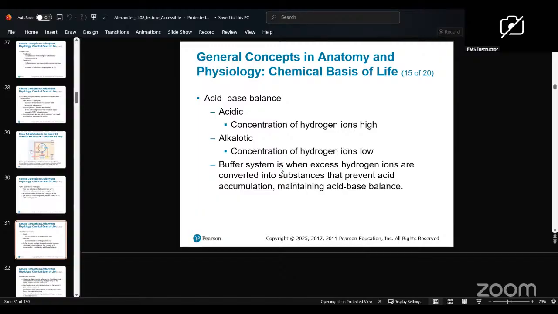Our body has this buffer system. The buffer system is when excess hydrogen ions are converted into substances that prevent acid accumulation, and that is what maintains the acid-base balance. Remember, you have to have the right acid to base. So too much acid or too much base, and our body starts operating on separate ends of the spectrum from where it should be instead of that nice 7.35 to 7.45.